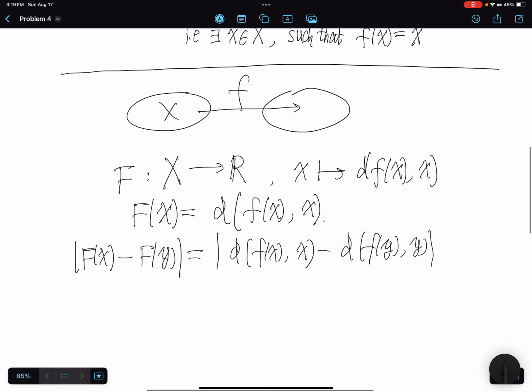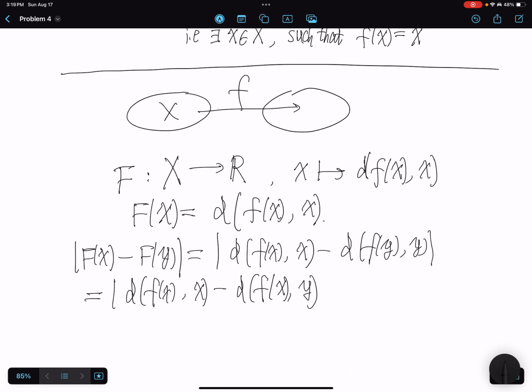That's the definition. Now we can insert one term, the distance between f of x and y, and write it as the distance between f of x and x minus the distance between f of x and y, plus the distance between f of x and y minus the distance between f of y and y.